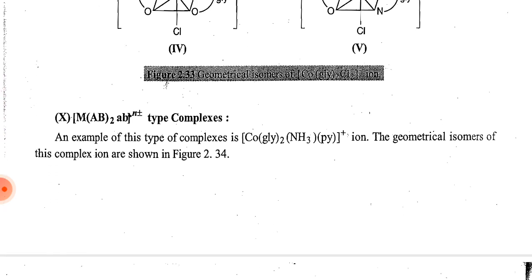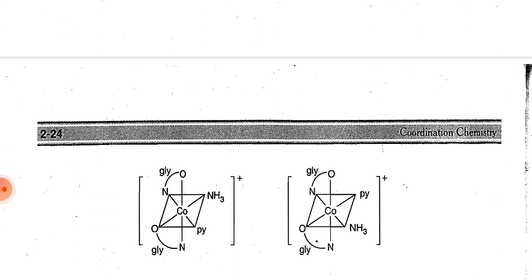M(AB)2ab, n plus minus type complex. An example of this type of complex is the [Co(gly)2(NH3)(py)] plus ion. The geometric isomers of these complex ions are shown in figure 2.34.